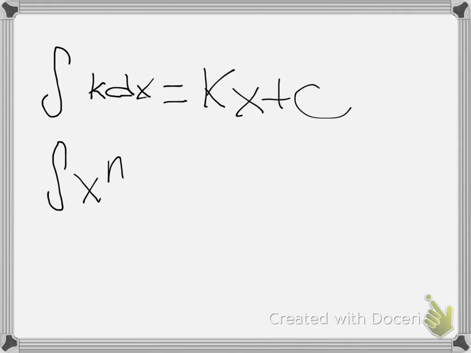Now, the x was added because it is the antiderivative. If we were to take the derivative of kx, we would just end up with k.